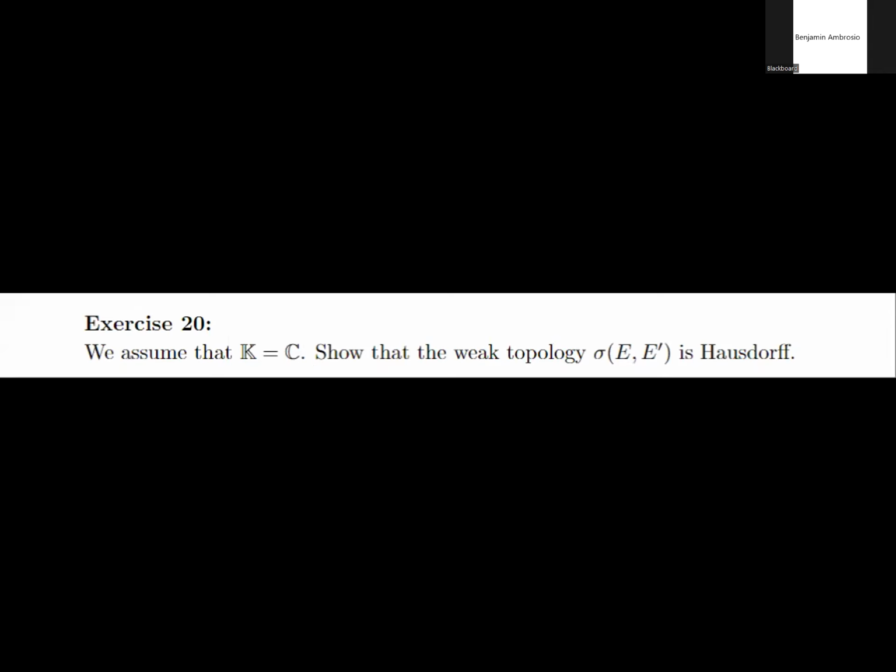So next we are trying to solve the same exercise, but instead of R, we're working with a vector space on C, the complex numbers. So show that the weak topology sigma(E, E prime) is Hausdorff.